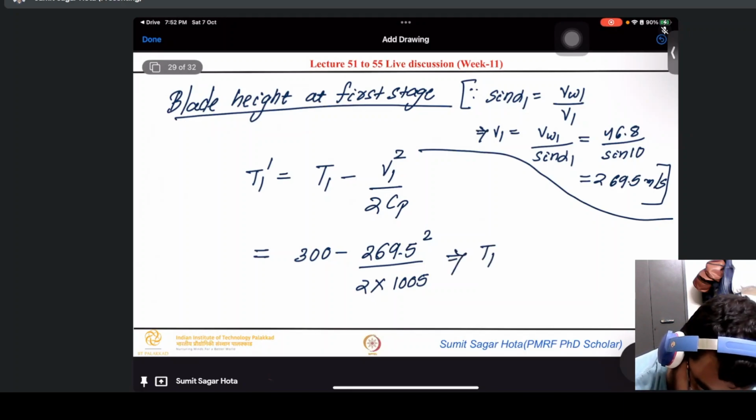If you solve it you will get T1 dash as 263.87.